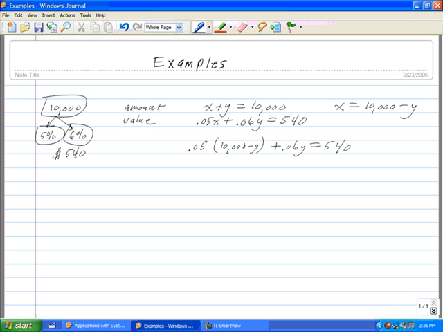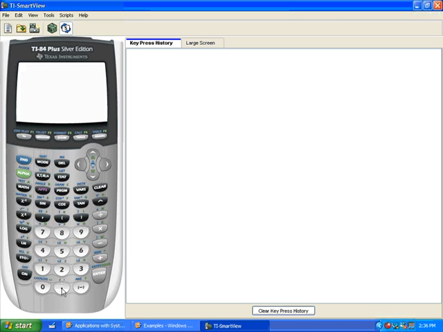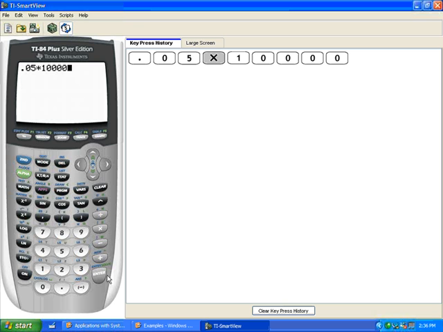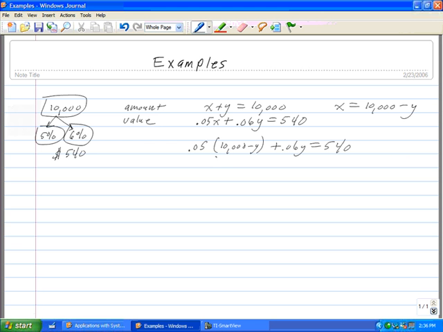Now I need to multiply. So let's see if the calculator can help us distribute this 0.05. We're going to take 0.05 times 10,000, and that gives us 500 minus 0.05y plus 0.06y equaling 540.